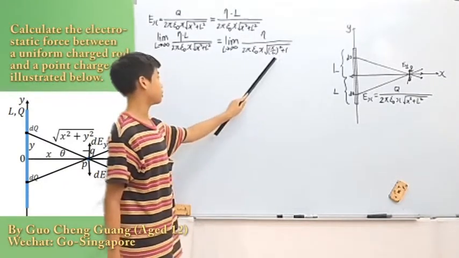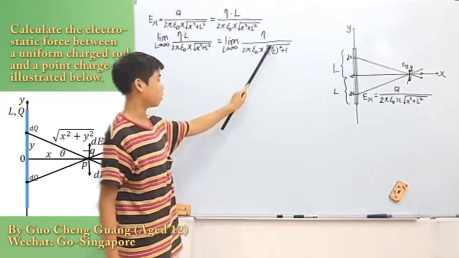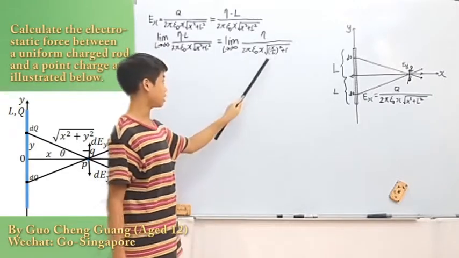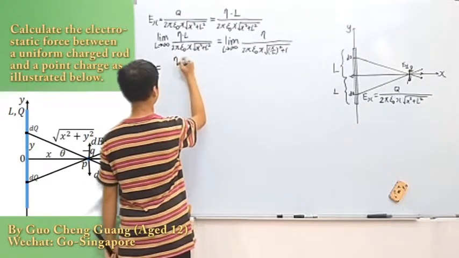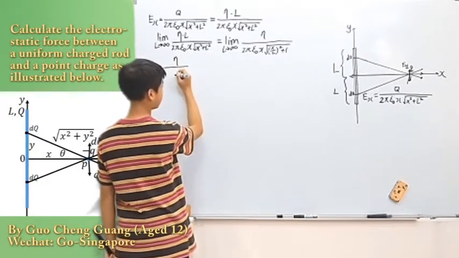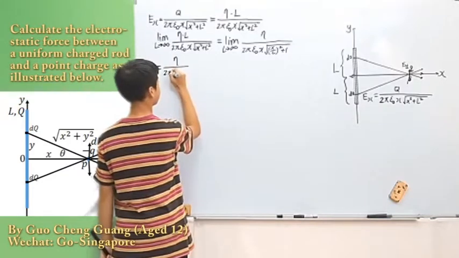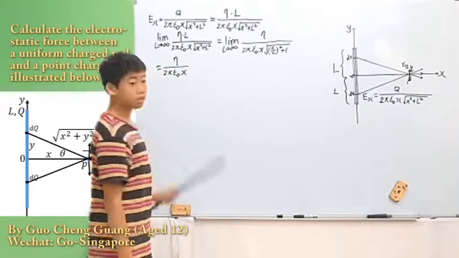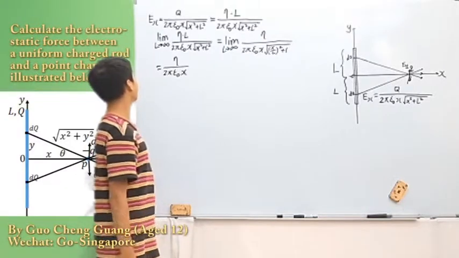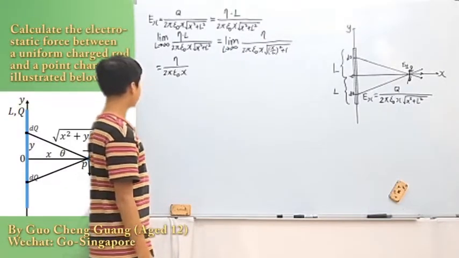Since L approaches infinity, this square here will be 0, and the square root of 1 is still 1. So what you get will be eta over 2 pi epsilon naught x. This will be the first part of the Ex that we get.